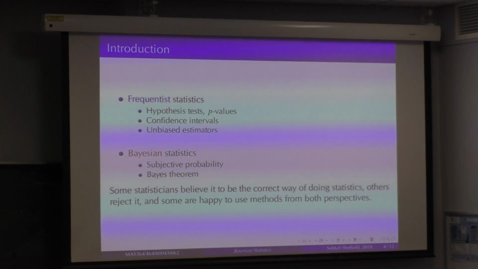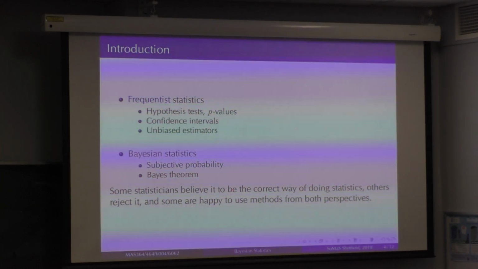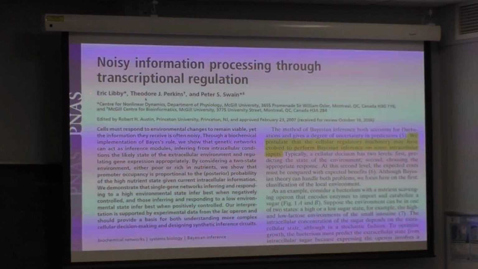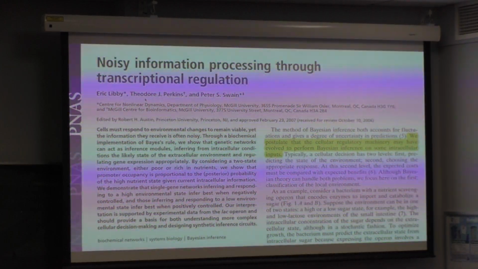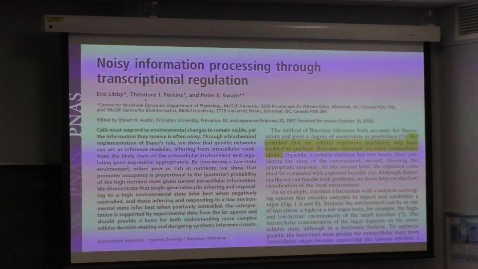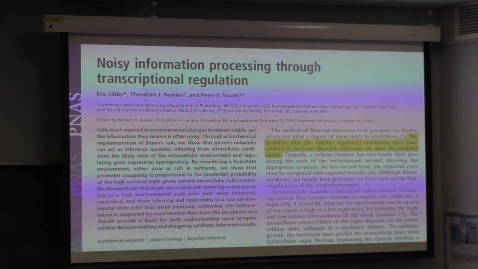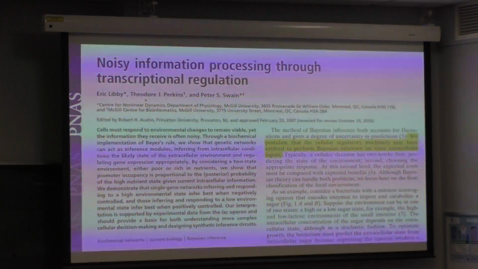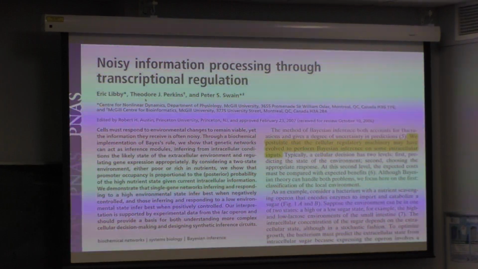But just to give you a flavor of how strongly some people believe Bayesian statistics is the way, I have this extract of a paper. This is in PNAS, the Proceedings of the National Academy of Sciences in the US. It's one of the best science journals in the world. Probably you've heard about genes and gene regulation. We know that genes code for proteins, and the way proteins interact in any living body defines how this living body interacts with the world.